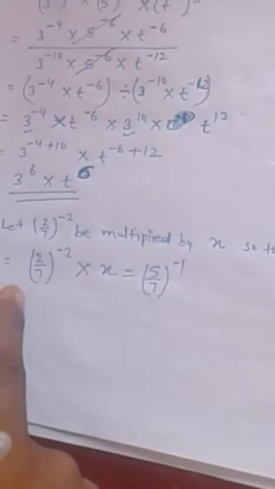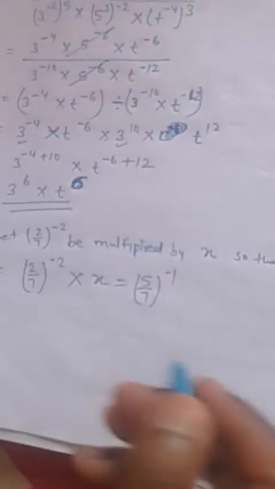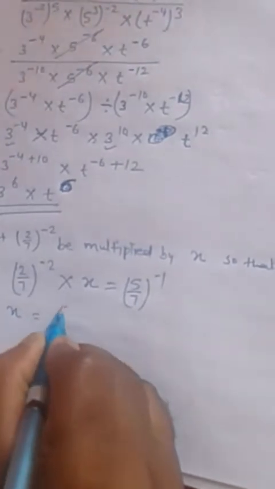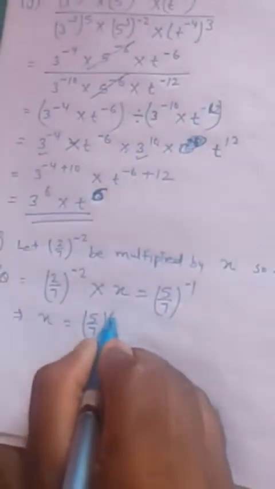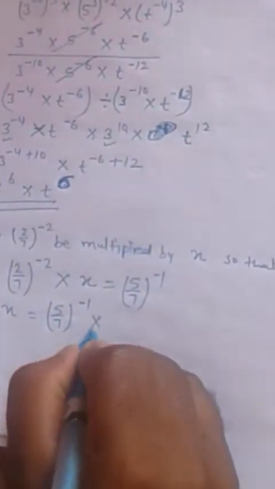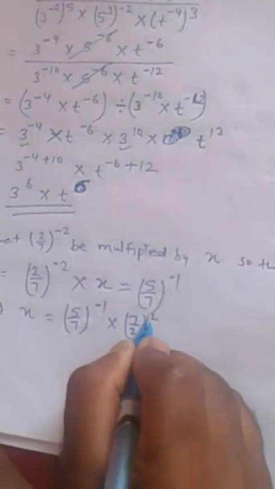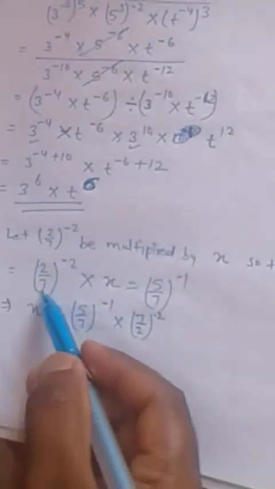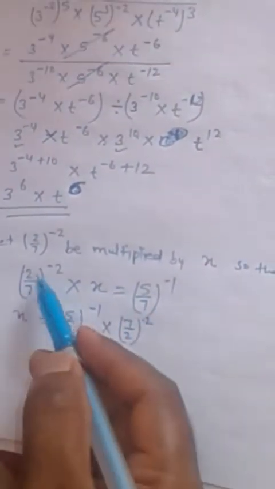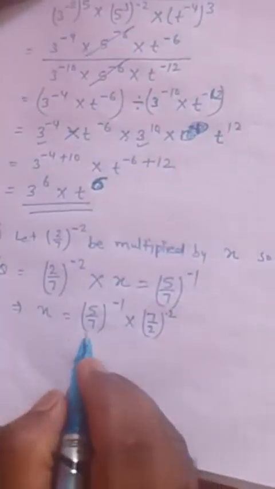We will transpose the (2 by 7) to the power minus 2 to the other side. So x is equal to (5 by 7) to the power minus 1, into (7 by 2) to the power 2. You know this, right? The denominator goes to the other side: it becomes the numerator, and the numerator becomes the denominator. So what is x?